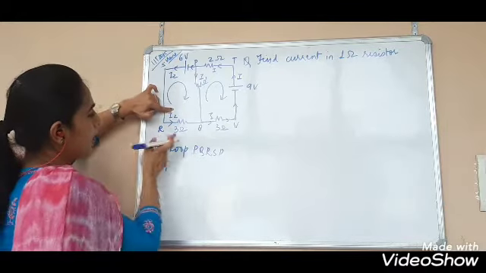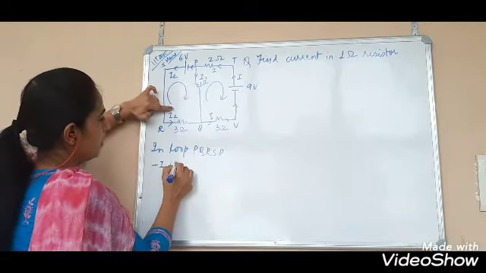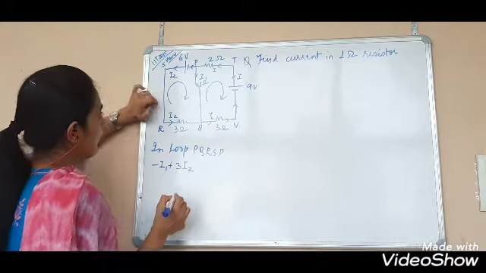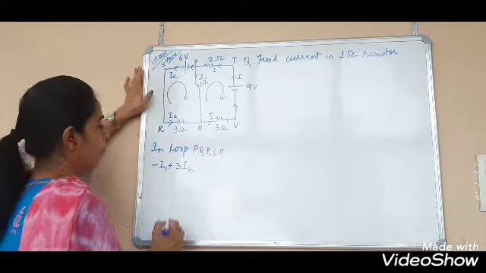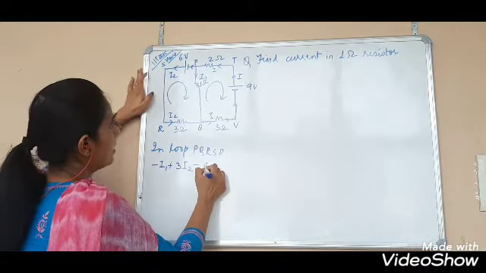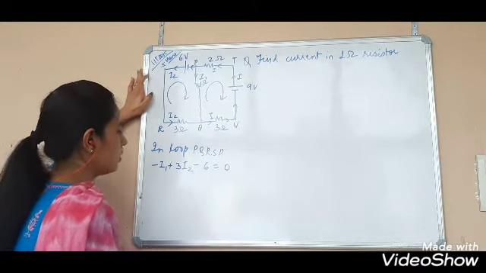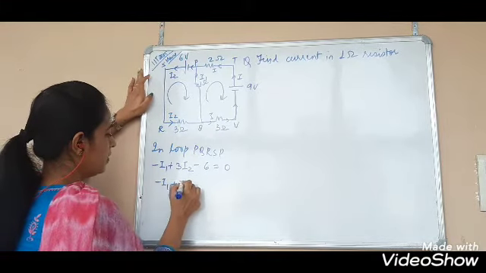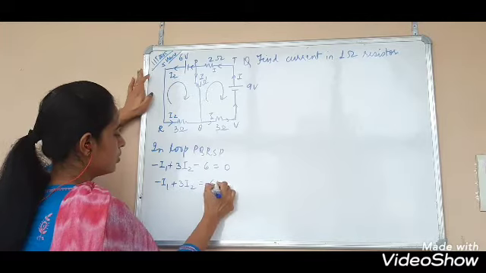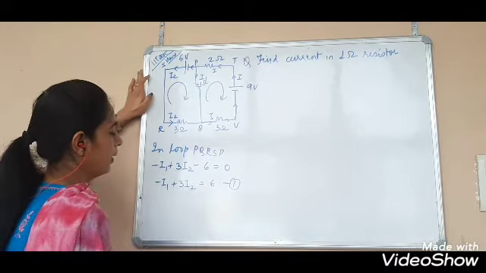Here current and path are opposite, so plus 3 I2. Then here we are going from higher to lower, so negative, minus 6 is equals to 0. Okay, so you can write minus I1 plus 3 I2 is equals to 6. This can be called as 1.